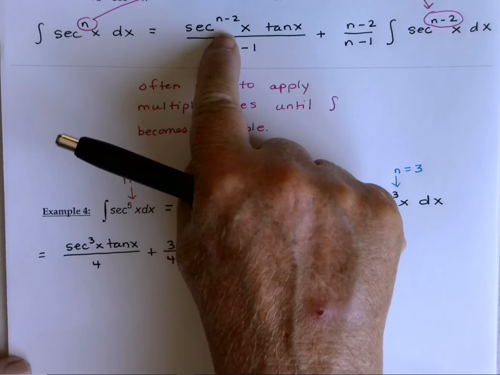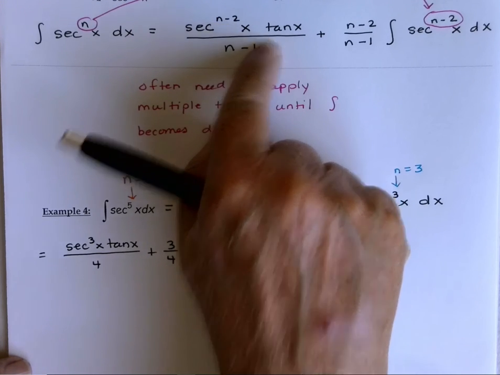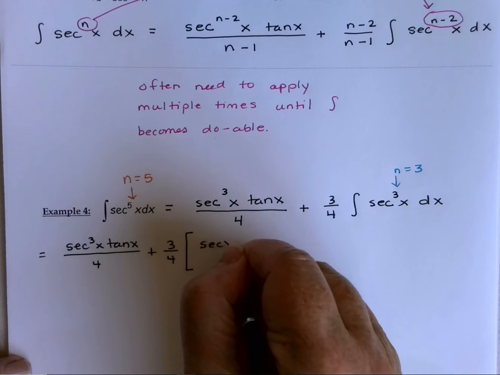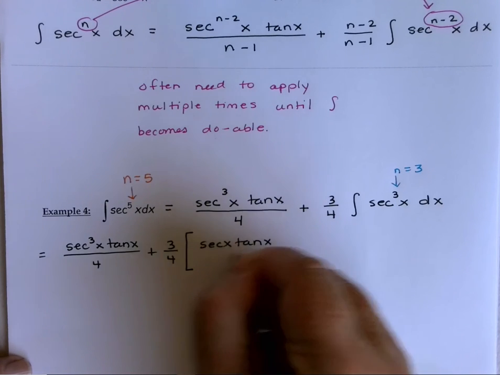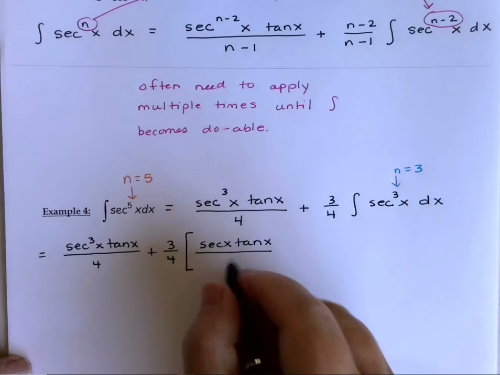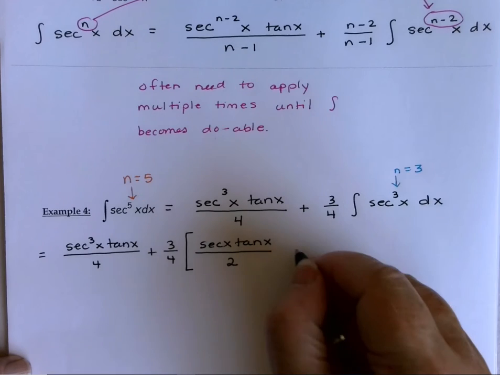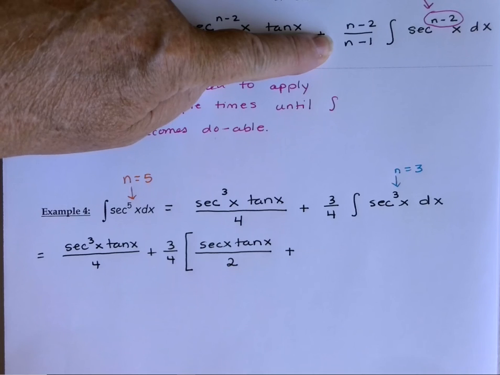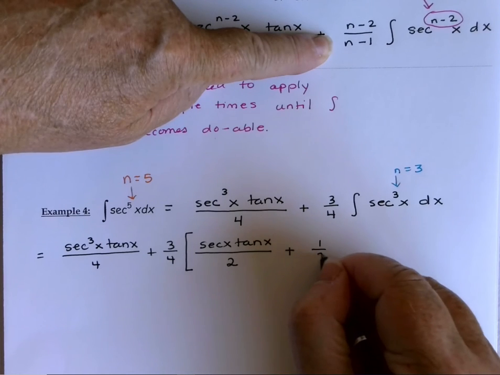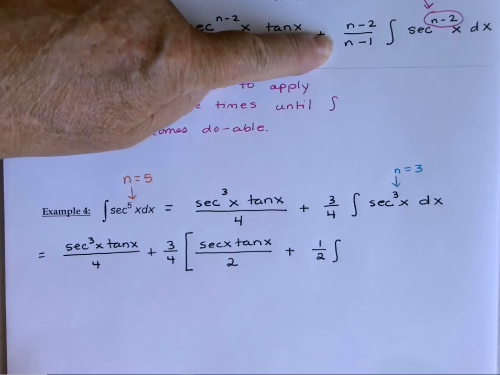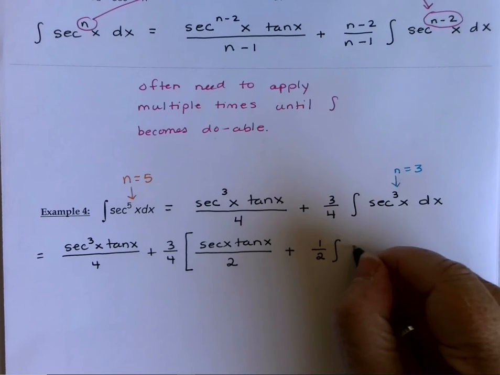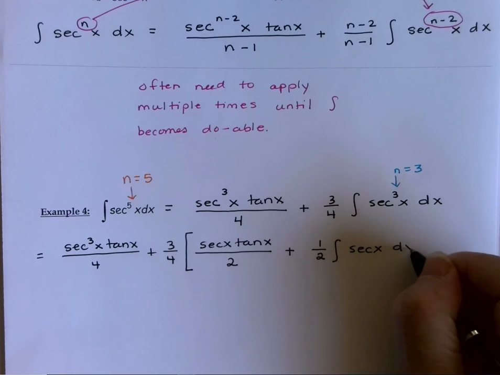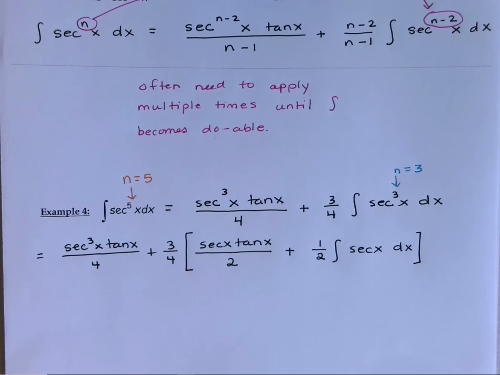So with an n of 3, that just becomes secant to the 1st, so secant x tangent x over n minus 1 would be 2, plus n minus 2 over n minus 1, that would be 1 over 2, integral of secant to the 1st, or just secant x dx. So I think we're finally to the point where we can handle this.